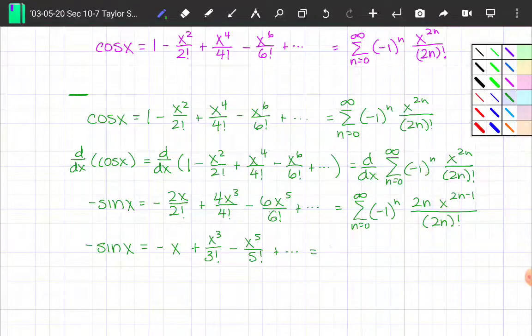And over here, n goes from 0 to infinity, negative 1 to the n. The 2n's cancel out. And now I have 2n minus 1 factorial on the bottom. Except I'm looking at this. There's something a little off here.